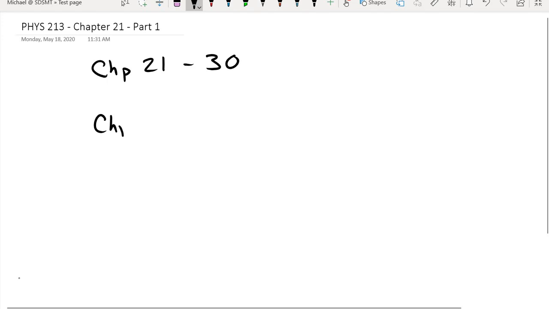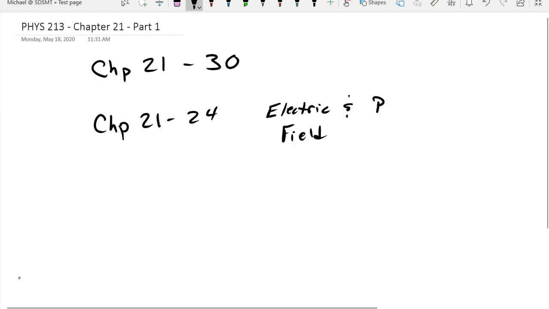For chapters 21 through 24, we are going to discuss things like electric field and electric potential. So, electric field and electric potential.